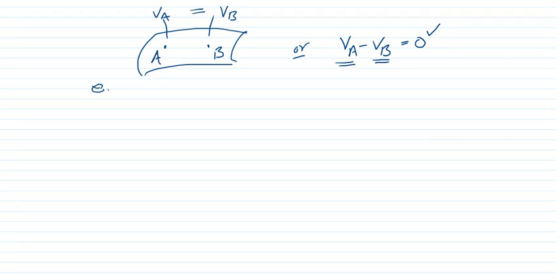So for example, you can see that if I am having this point charge, now this is a positive charge, now I can take this point as the center and I can draw the circle. Now I can also draw this circle from here.